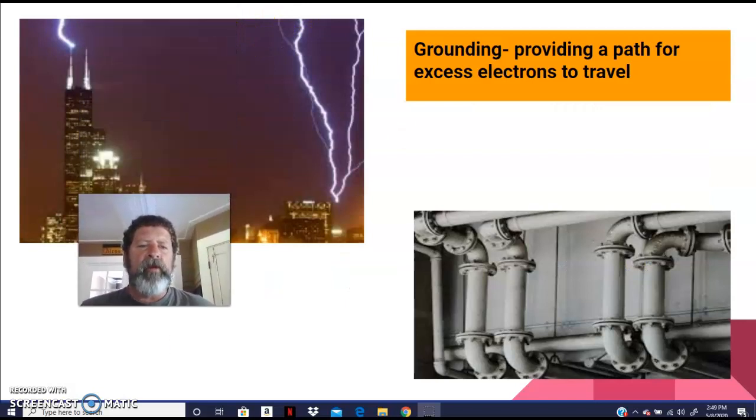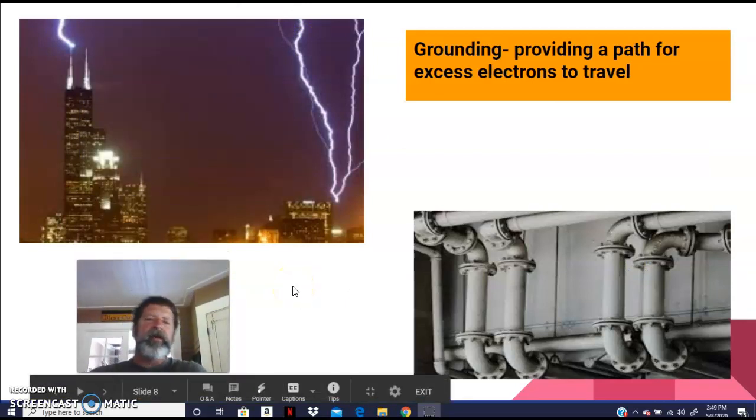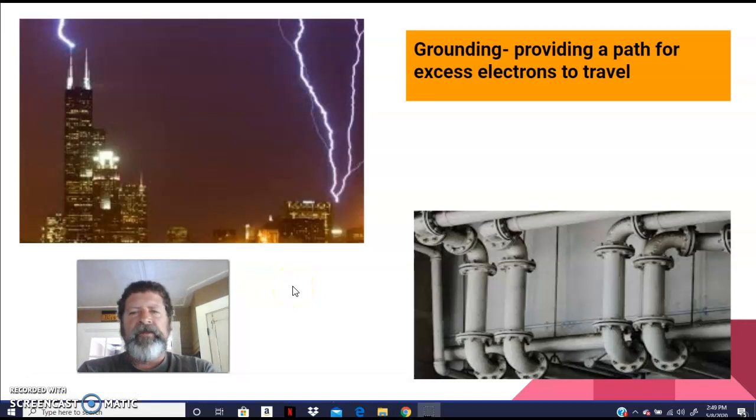Okay, it's important when you're dealing with electricity to provide grounding, and that's just a path for those electrons to flow. If you get big surges of electrons, like from lightning strikes, you need a way for them to reach the ground without damaging what's inside the building. In our homes, that's usually pipes that ground your house.